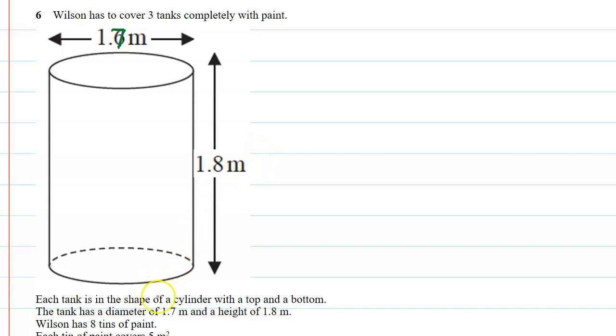Okay, each tank in the shape of cylinder with the top and bottom. So remember, top and bottom is there, it's not open. The tank has a diameter 1.7 meter, that's why I've written 1.7 meter, and height 1.8 meter. So what will be the curved surface area of cylinder here? The curved surface area of cylinder is 2 pi RH.